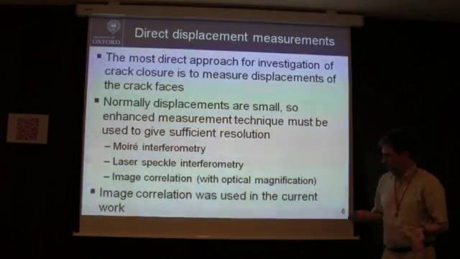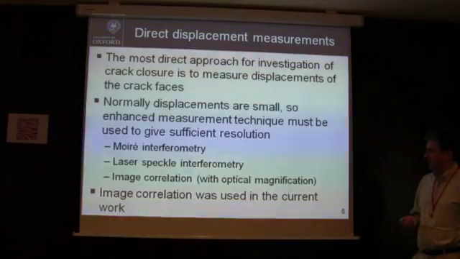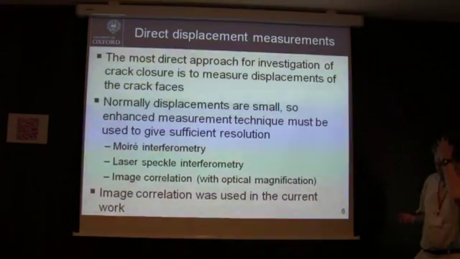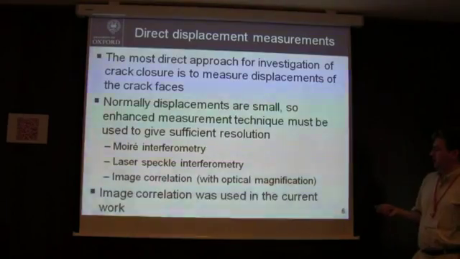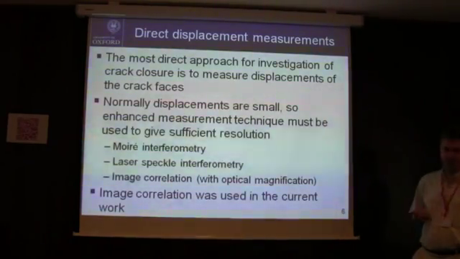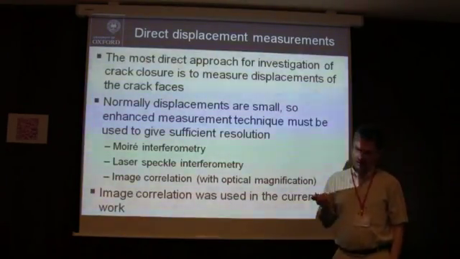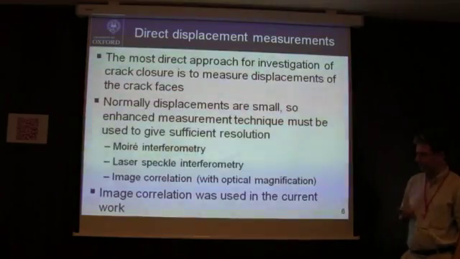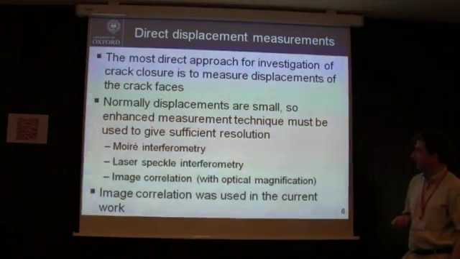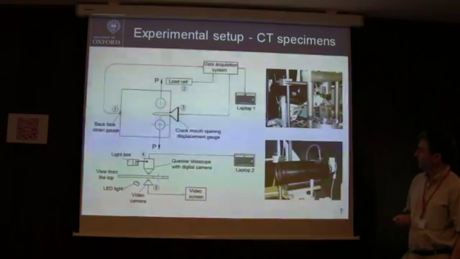Of course, those displacements are small, and so in the past people have used moire or laser speckle or something to try and give you some kind of enhanced resolution of displacements. But nowadays you can simply do image correlation, and if you've got a good lens on your camera, then you can get really quite close into the crack tip and get some good information. So this is what we did in the current work.